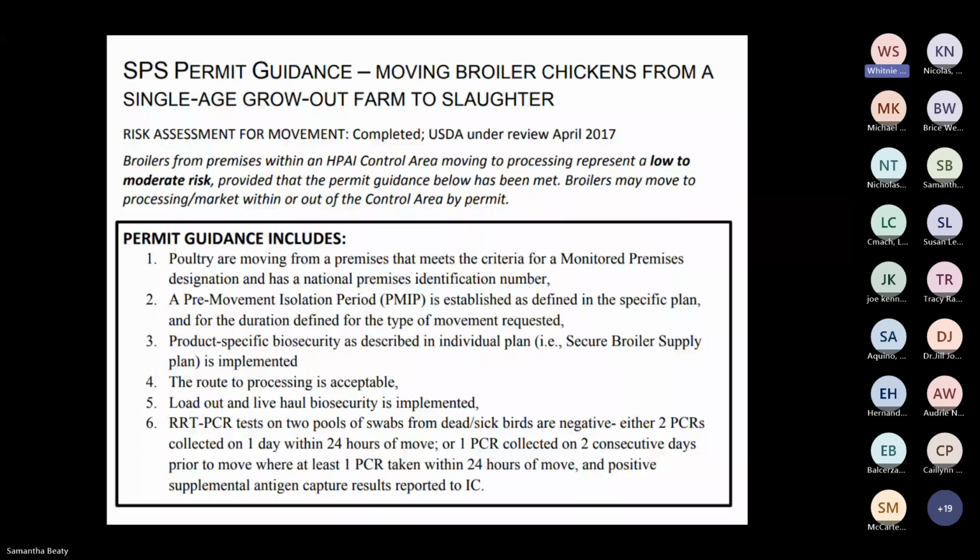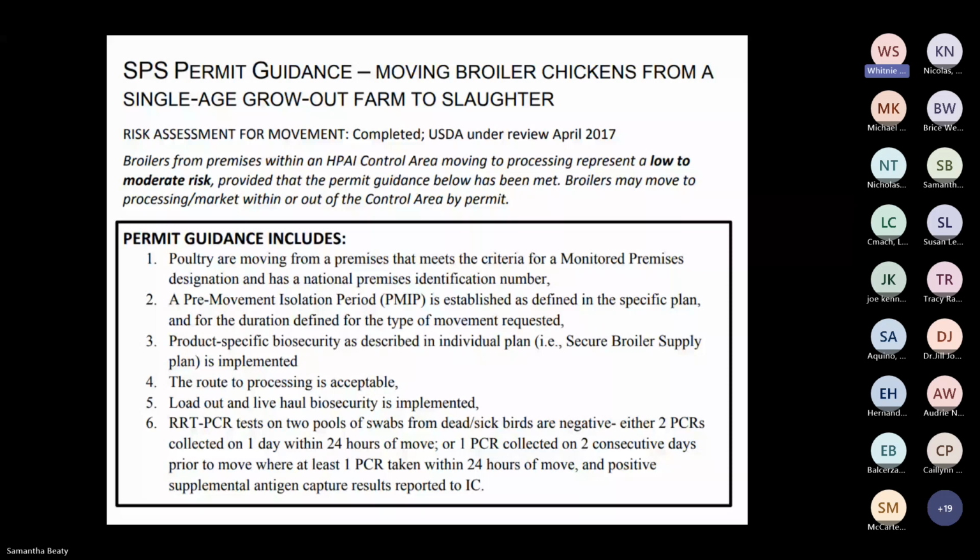You don't have any unnecessary people coming on and off. It's showing that you're doing a little bit of an isolation before that movement's going to take place. Again, following the product specific biosecurity, whether that's eggs, broilers, day-old chicks, this one is specific for broilers.